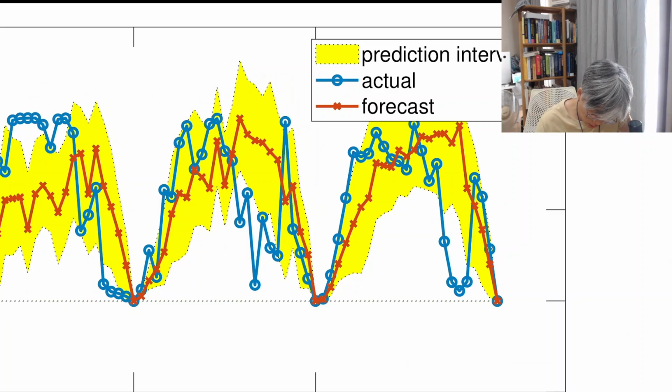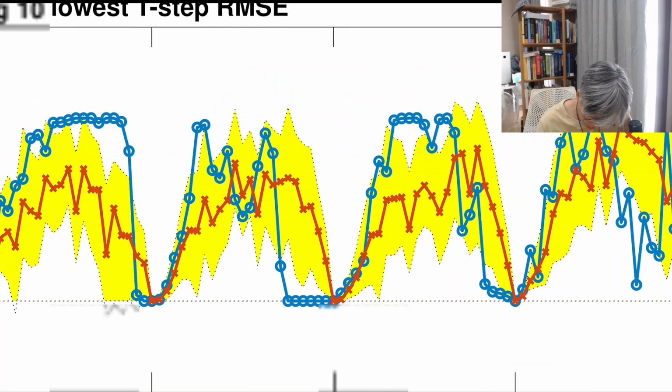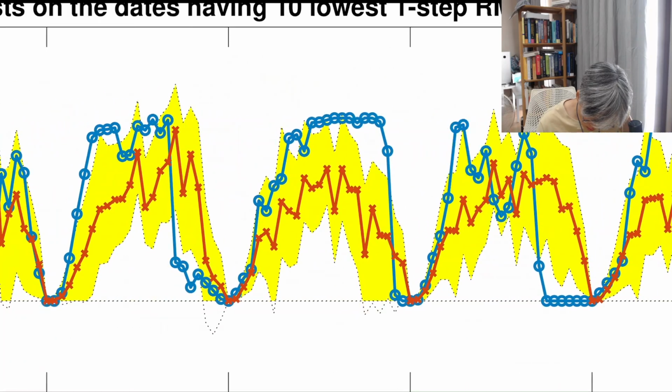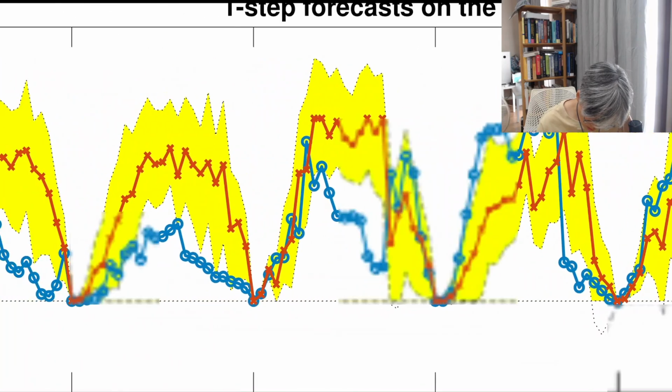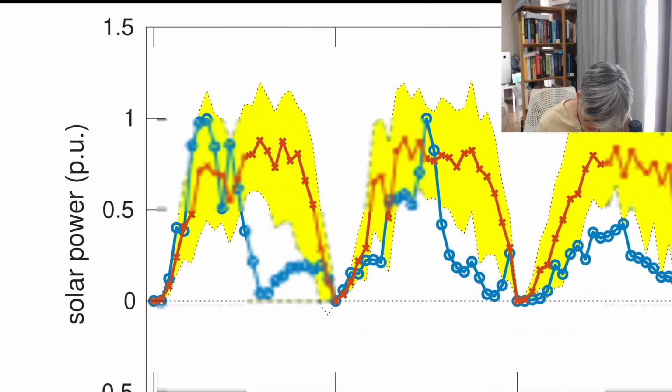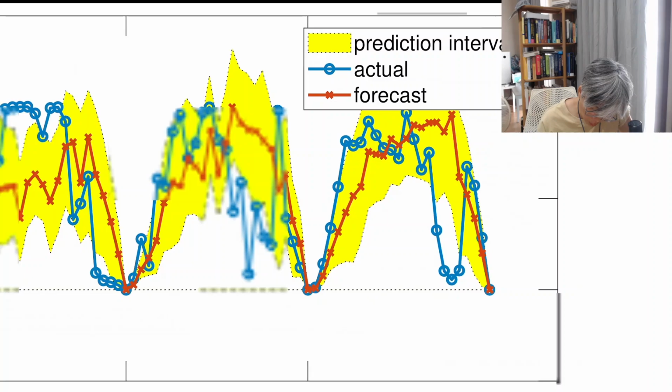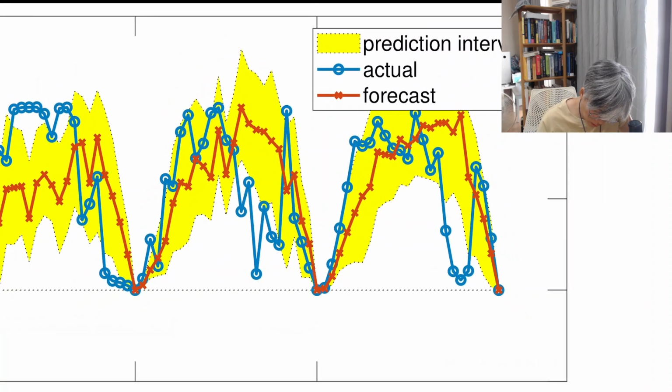In this example, it turns out that my forecast value lies within the prediction interval always. But in practice it doesn't have to be guaranteed.